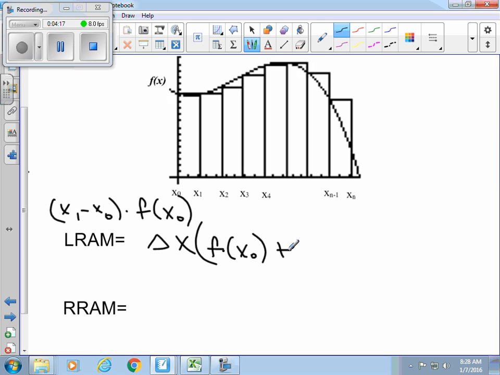We will not always choose equal rectangles, so just be careful about that. Plus f of x sub 1, all the way to what? Good. Why not f of x sub n? Why do you stop early? Because you're only doing the left rectangle approximation, so that makes perfect sense. Okay, so you're going to add up the heights of all the left-handed points.